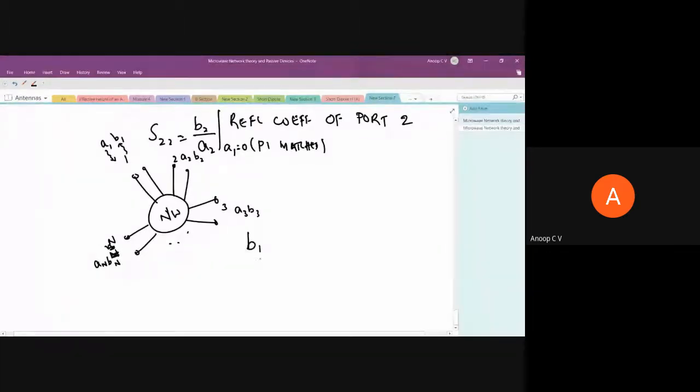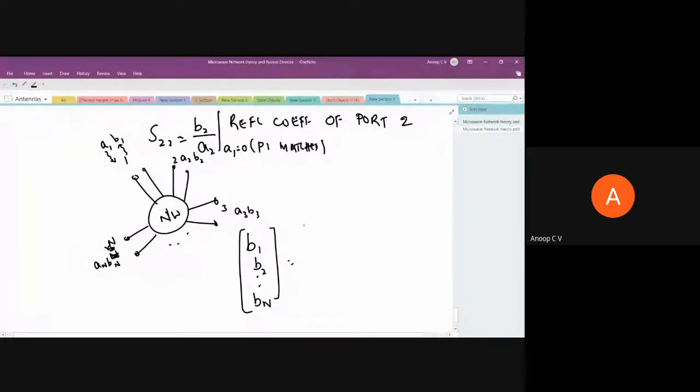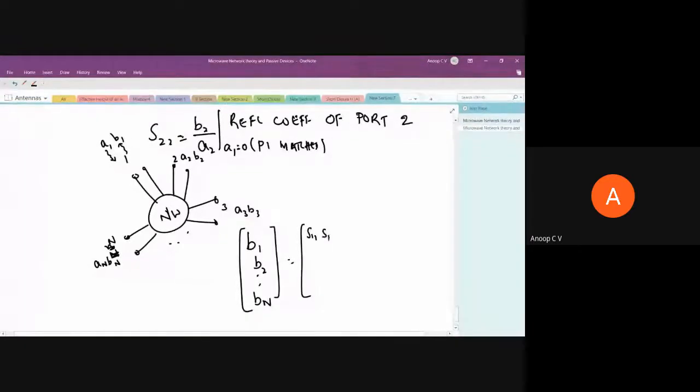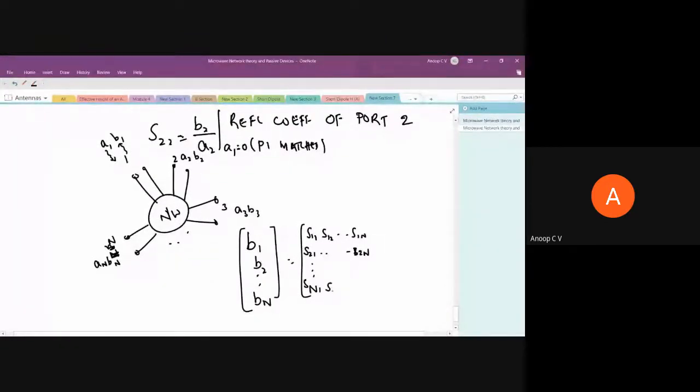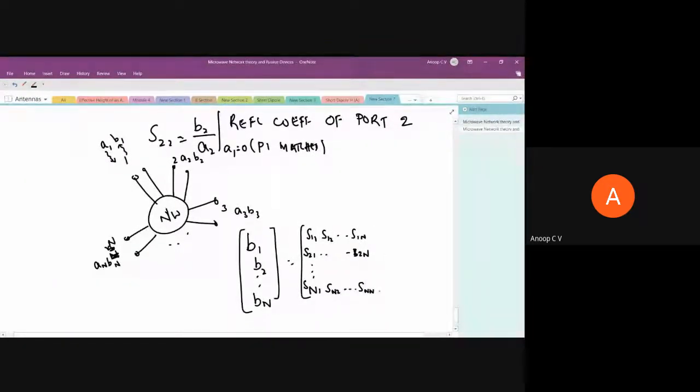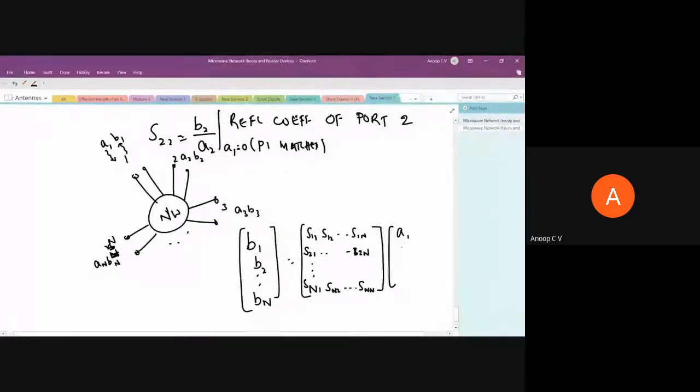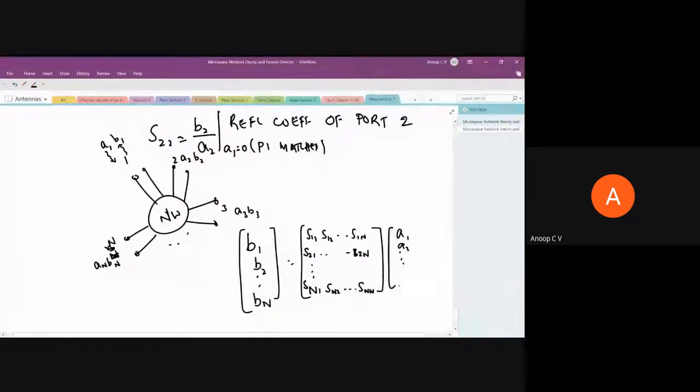I can represent B1, B2, up to Bn as the matrix S11, S12, up to S1n, S21, up to S2n, and so on, Sn1, Sn2, up to Snn, times A1, A2, and so on up to An. So this is the S parameter representation.